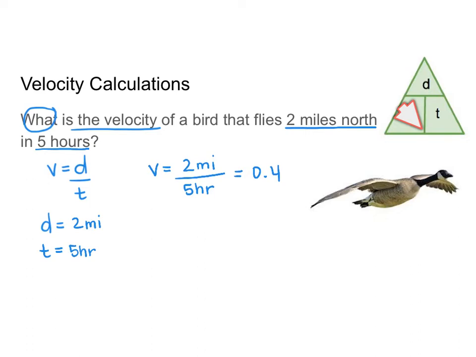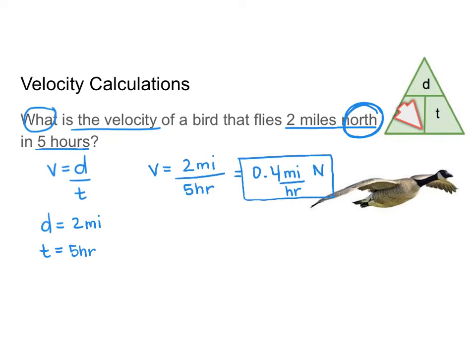Miles is on the top and hours is on the bottom, and I don't have either of those anywhere else to cancel off, so I have to keep both. So I'm going to do miles per hour. And that's a speed, but we're trying to calculate velocity, so we need a direction. When I go back up to my equation here, it must be spring because the birds are flying north. So I'm going to add an N for north at the top of it.